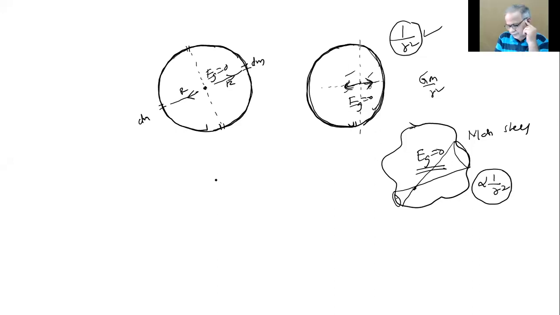If small r is less than capital R or equal to 0, everywhere it is 0. Then the field strength will also be 0. So, when you say field strength is 0, what is the consequence of that? It won't apply force on some other body placed anywhere inside the shell. Inside the shell. Yes.